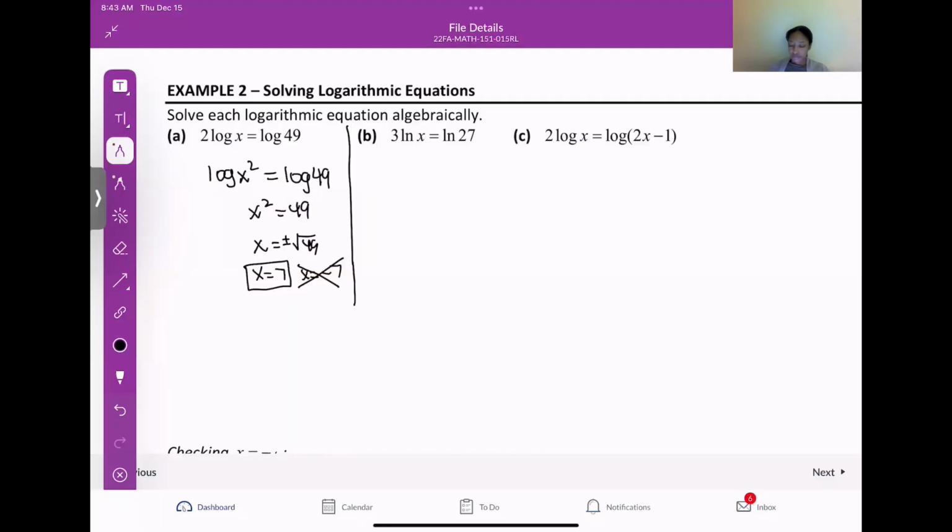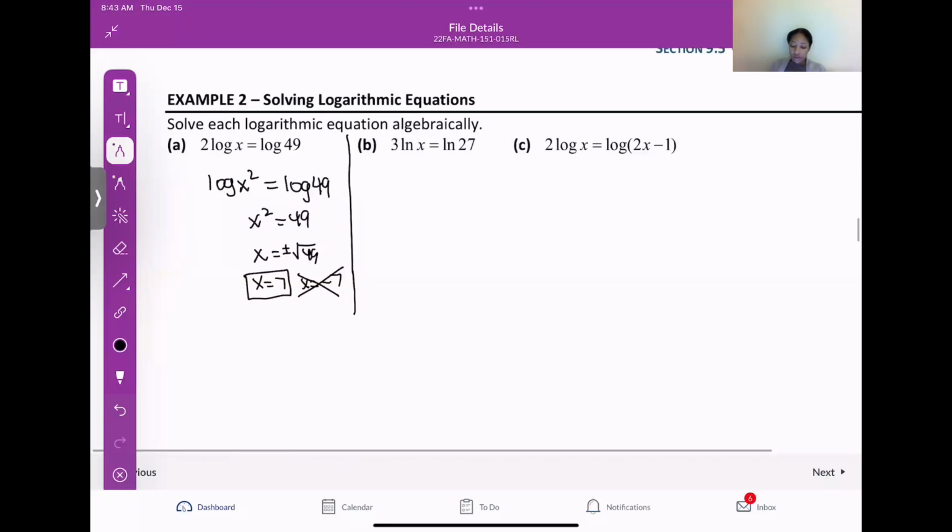Part B. 3 ln x equals ln of 27. So first we need to move that 3 up. This becomes ln of x cubed equals ln of 27. And then since we have natural log on both sides, we can set x cubed equal to 27.